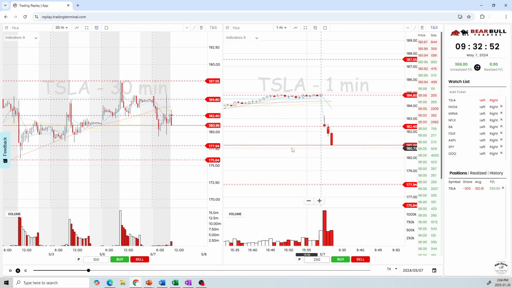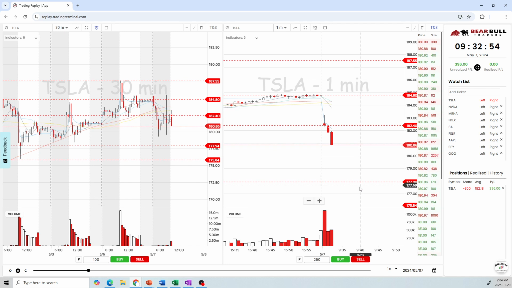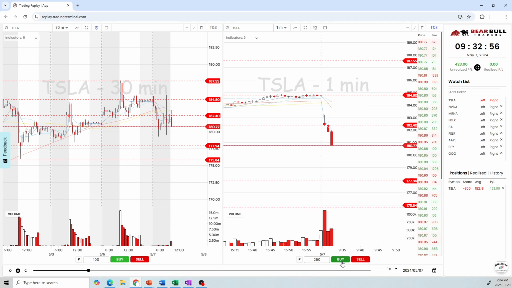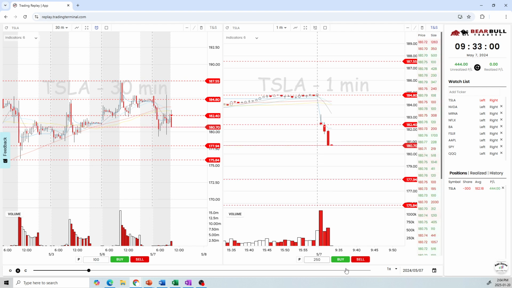Stock is really weak. Right now we haven't seen any difficulty in Tesla breaking down, trying to reclaim anything. There's no buying at all if you look at it.